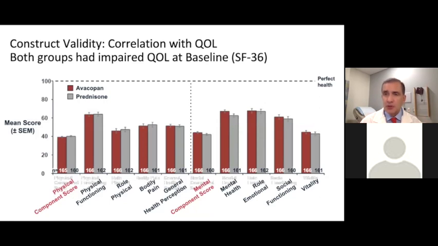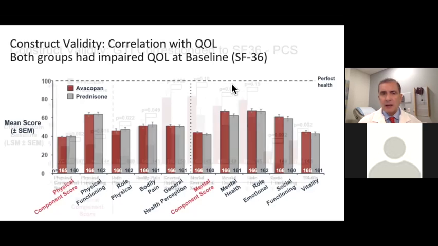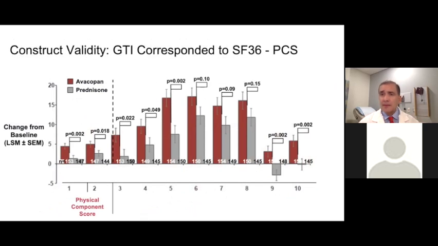Like it is for most diseases treated with steroids chronically, you can see here there was no difference between groups at baseline, but both groups were well below ideal health, shown by the horizontal dotted line here. And over the course of the trial, substantial differences emerged with the new treatment. And I posit that these changes were due not only to the new drug, but also to reduced quantities of glucocorticoids over time.